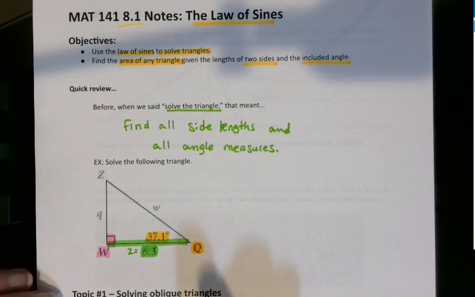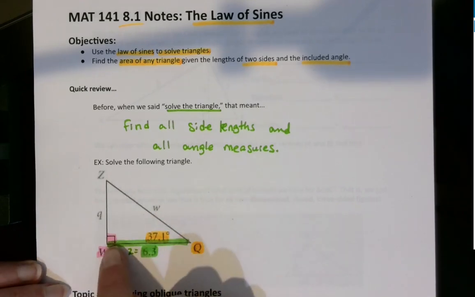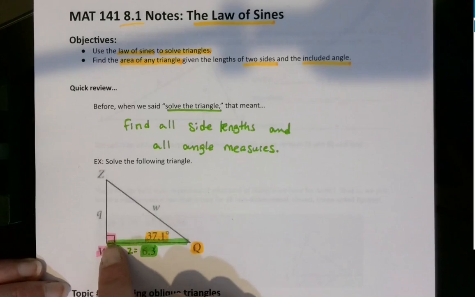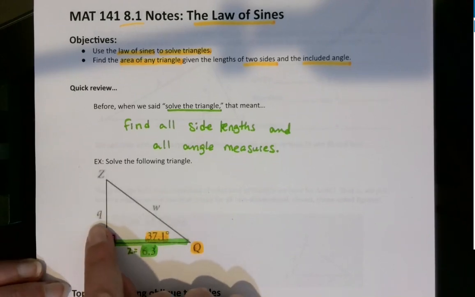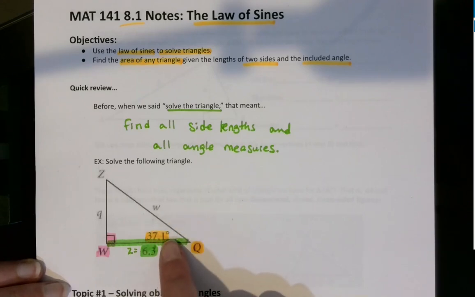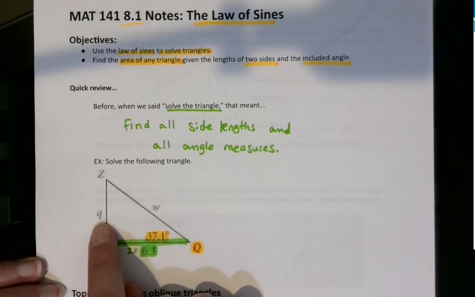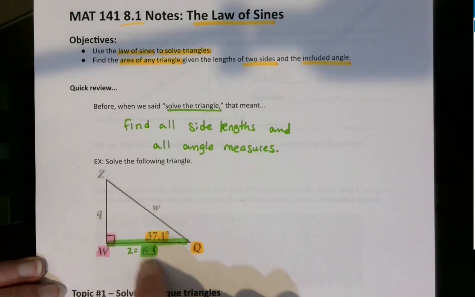Well, since I know angle Q, and this is a 90-degree triangle, I'm going to be able to use some trig functions to find side little q and side little w. So with respect to angle Q, I know this is the adjacent side. So if I wanted to solve for side q, I could use a tangent function to use the ratio opposite over adjacent.